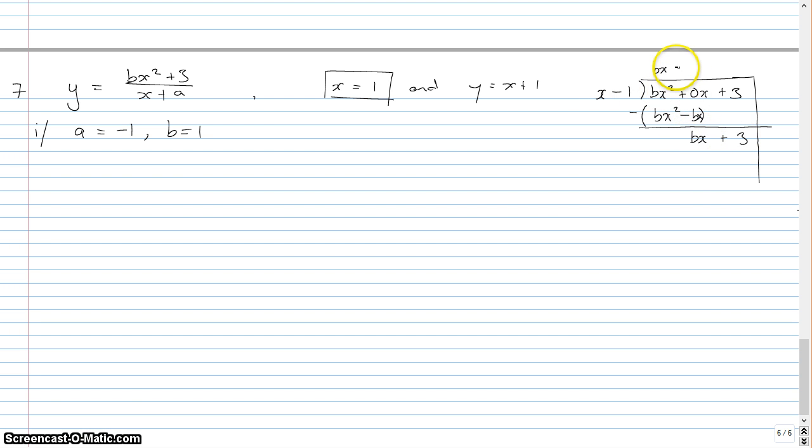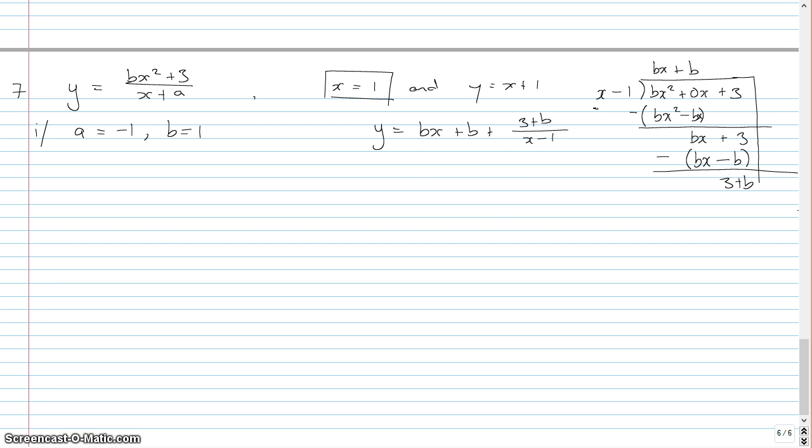And so the next term I have to multiply by is b, so I get bx minus b, and that gives me 3 plus b. So y is actually equal to bx plus b plus (3 plus b) over x minus 1.